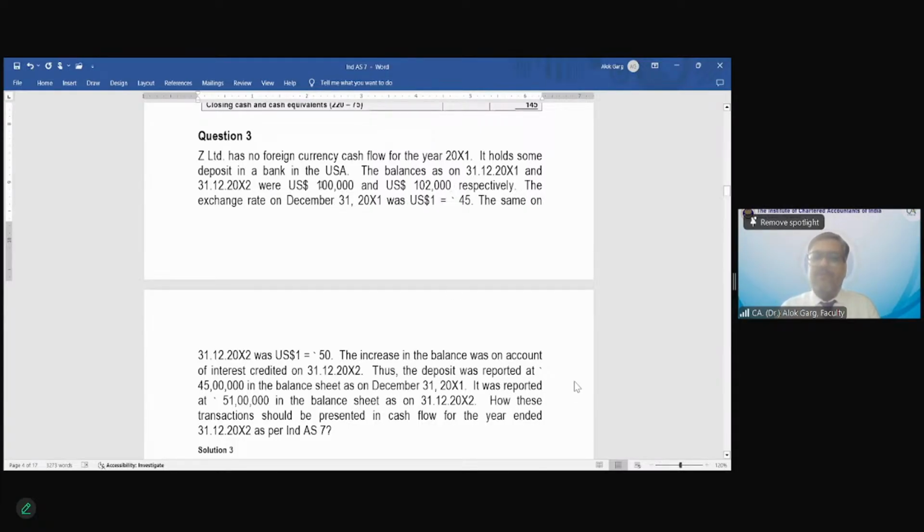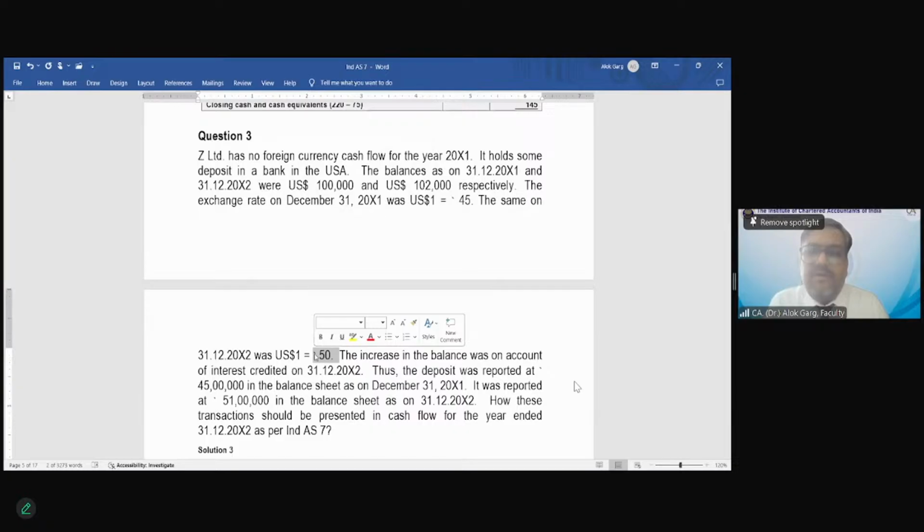If $1 lakh was the opening balance at 45, what was the amount in INR? 45 lakh. And if the closing balance is $1 lakh $2,000 at 50 rupees, the amount is 51 lakh. So this balance has moved from 45 lakh to 51 lakh.